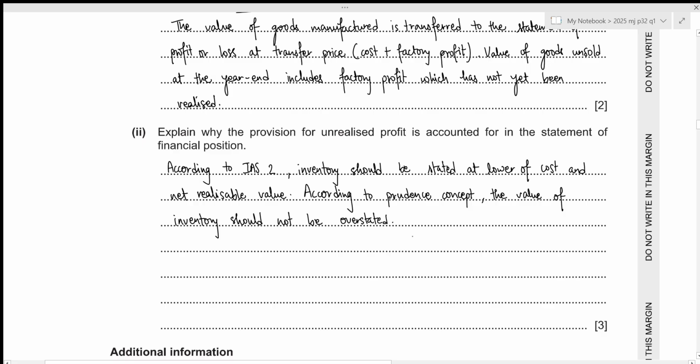Then for the last one, we can just explain how the provision for unrealized profit is accounted for in the statement of financial position.